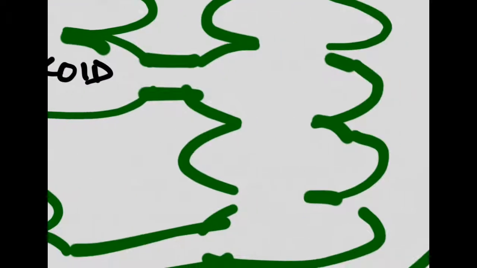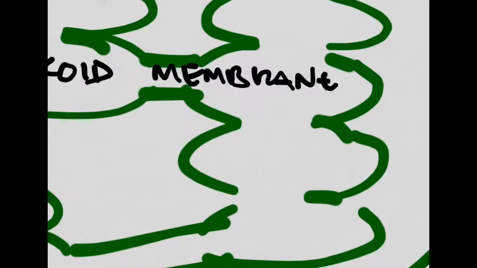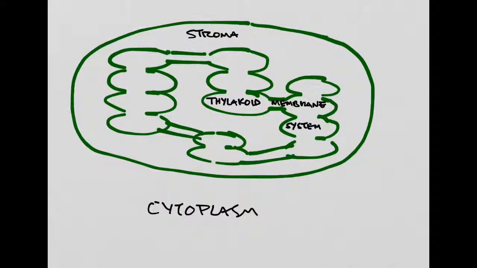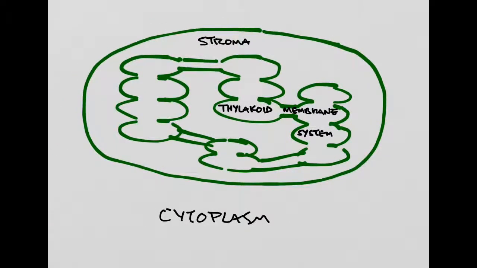Again, this is something that you saw today in class, or at least the first time you saw the term. So the thylakoid membrane system is the inner compartment. The stroma is the outer compartment.